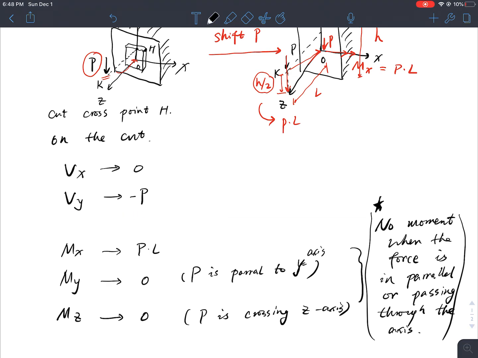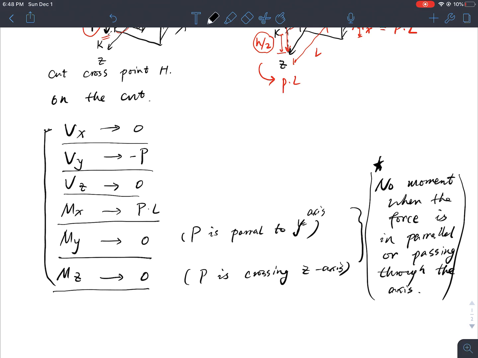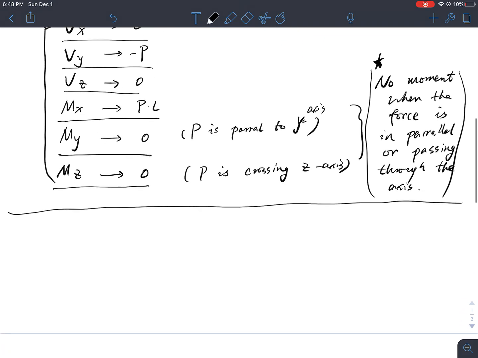Essentially what I'm trying to do is list all these possible forces on my plane of the cut. So I identify all the forces, and then I identify all the moments. Then I can start to find out the stresses on H.